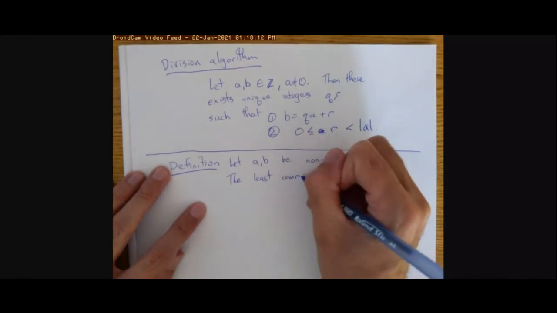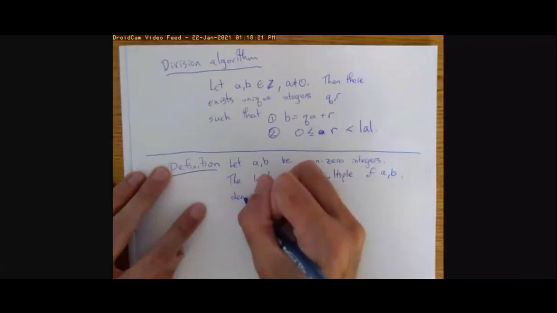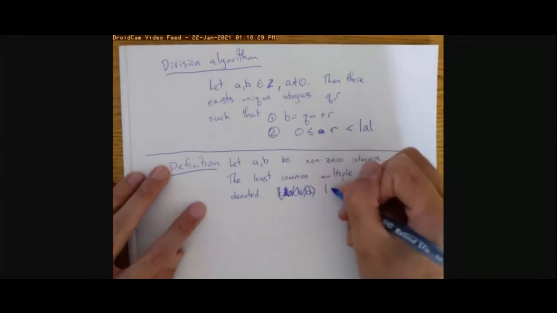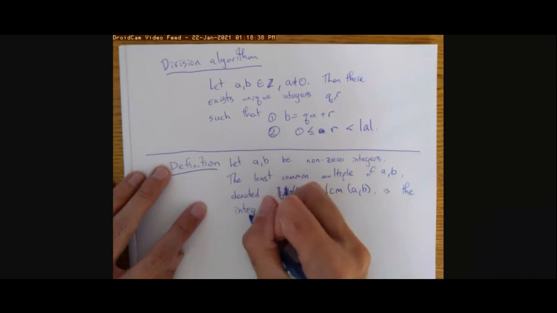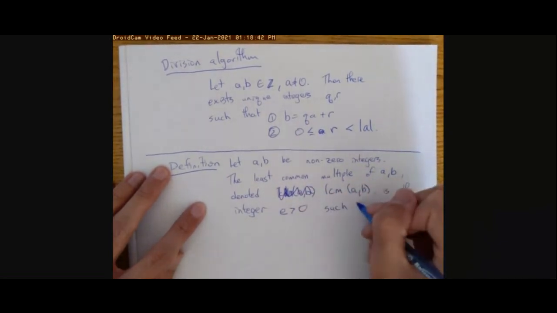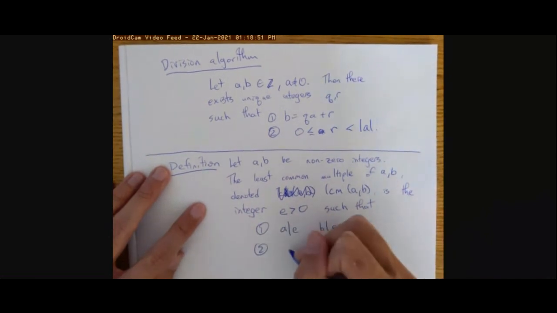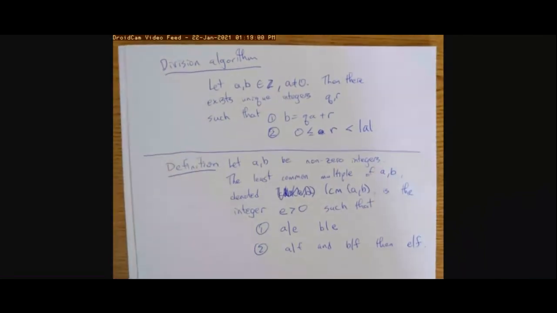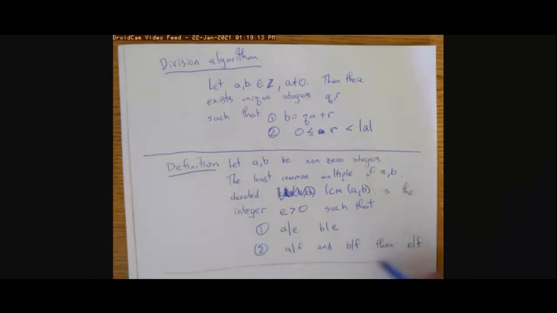The least common multiple of A and B is denoted LCM. It's the integer E greater than 0 such that E is a multiple of A and B: A divides E and B divides E; and if A divides F and B divides F, then E divides F. So E is a multiple of A and B, and of all the other multiples, E is the least one. So it's the least common multiple.